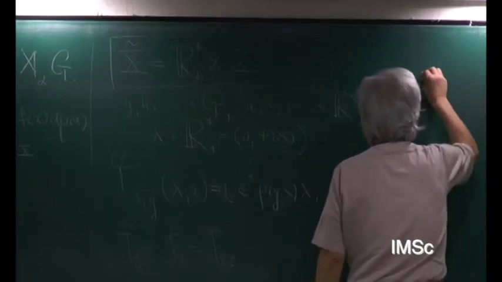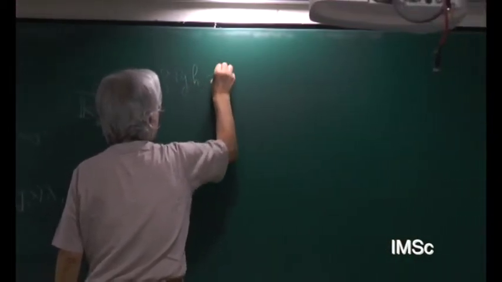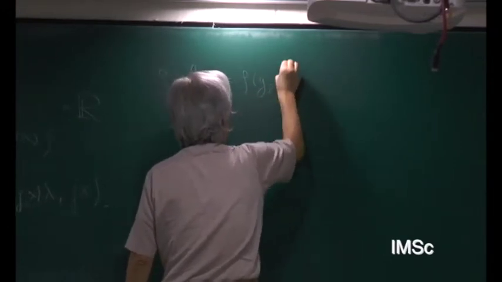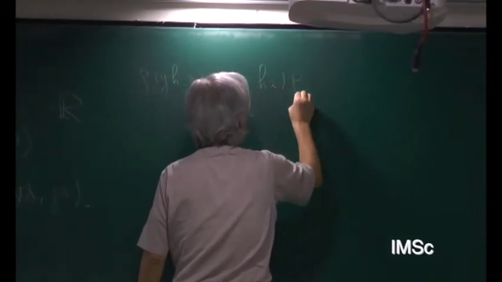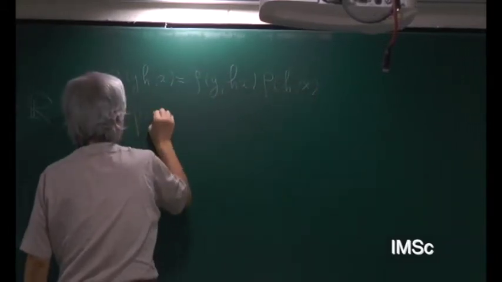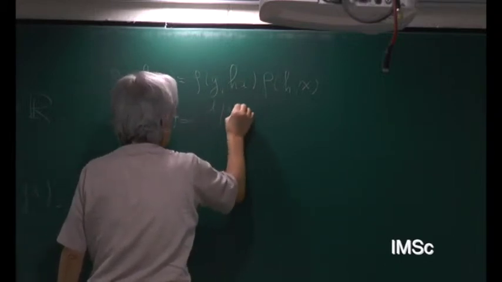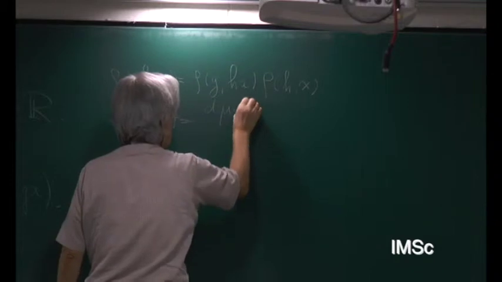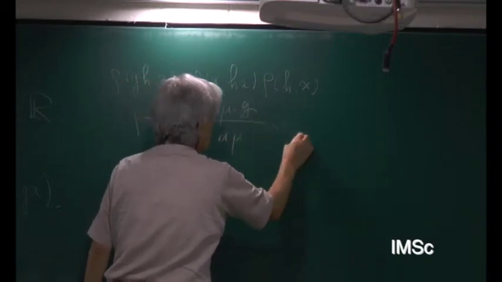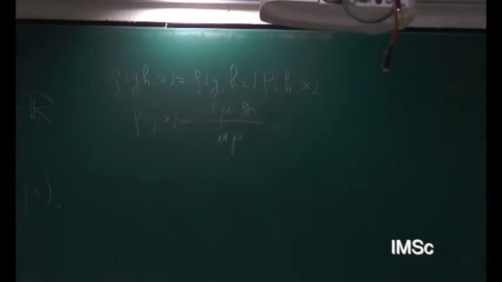Remember, we had this cocycle identity, very nice cocycle: rho g h x, rho h x. And rho, by the way, g x is the ratio of the g translation by g and untranslated, the Radon derivative.